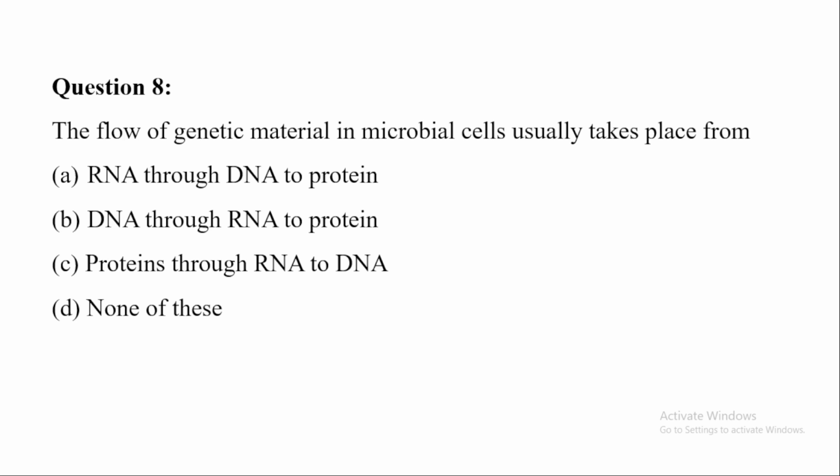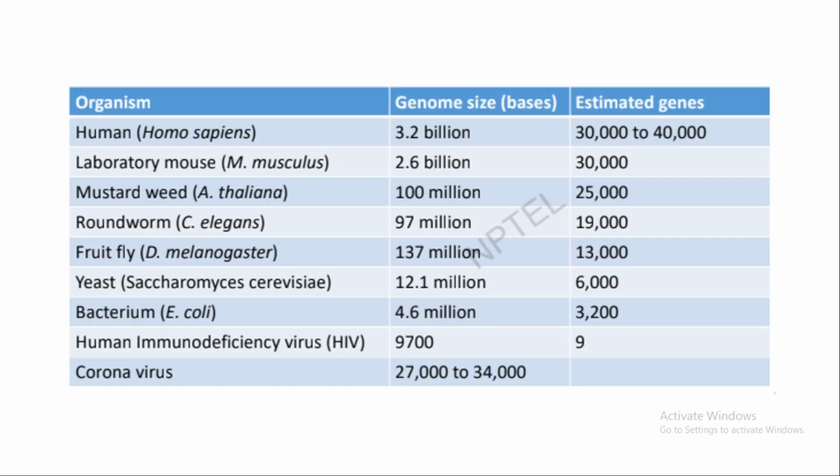For HIV, I'll take it since it's the smallest in this list, the size of the genome is 9700 bases. In this case HIV has RNA, so the whole genetic material has 9700 bases, all the ATGC present in HIV.